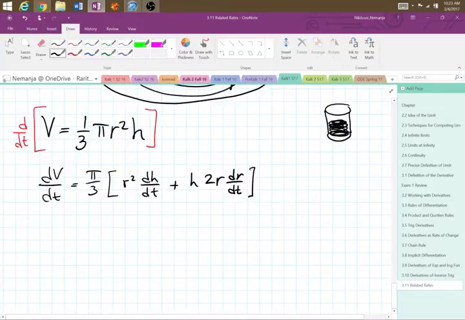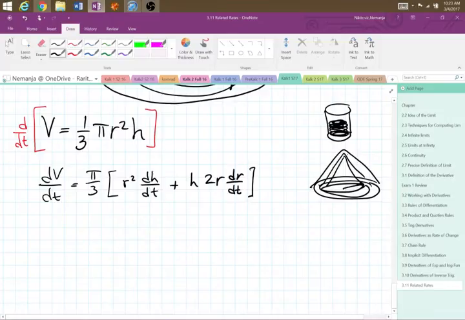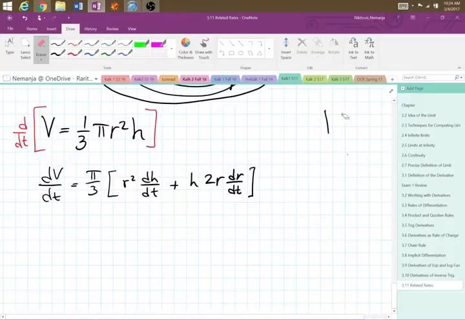Radius doesn't change. But as you put the sand on the pile, it creates a cone. Radius changes because it gets wider, and the height changes as well. So you have both of those as variables, which when you put that together in a formula, you see it's a product rule, right? Because they're both variables that change.